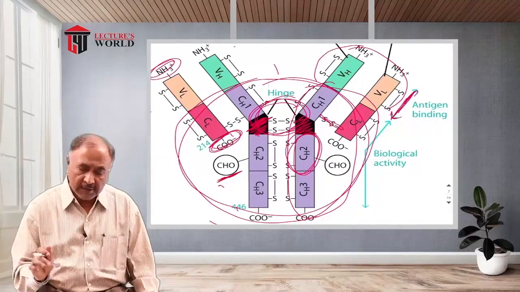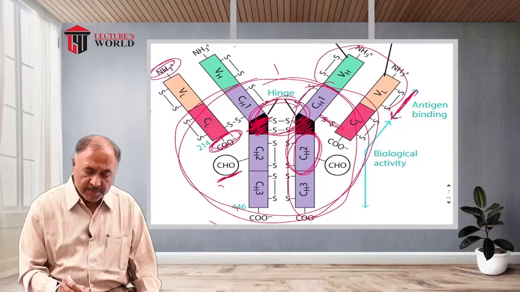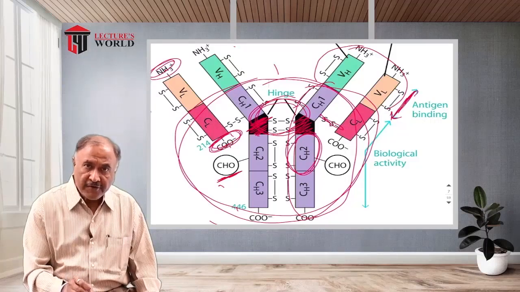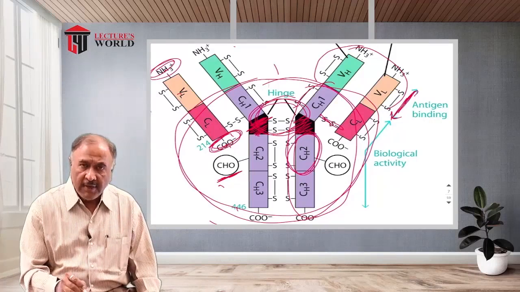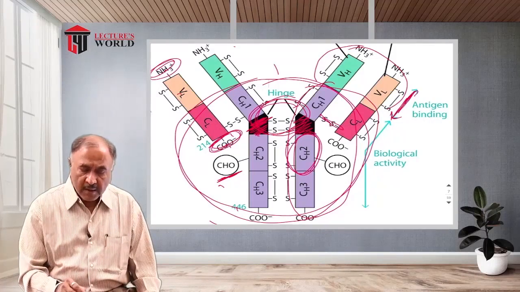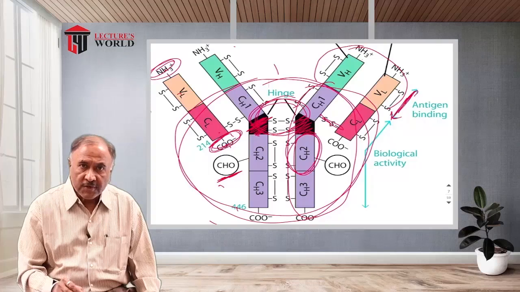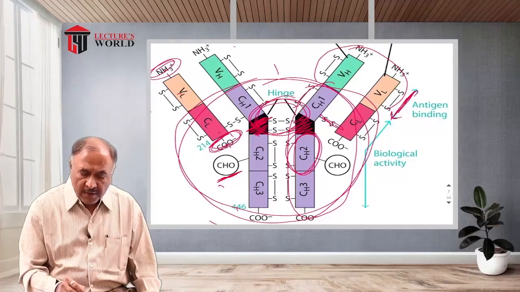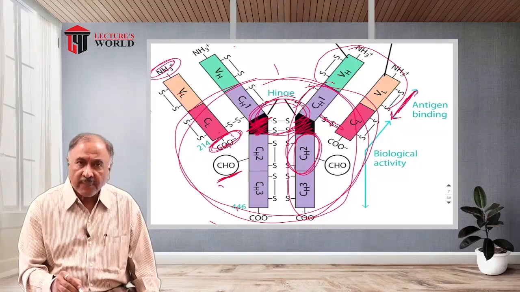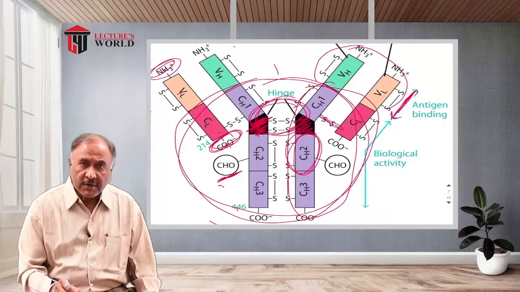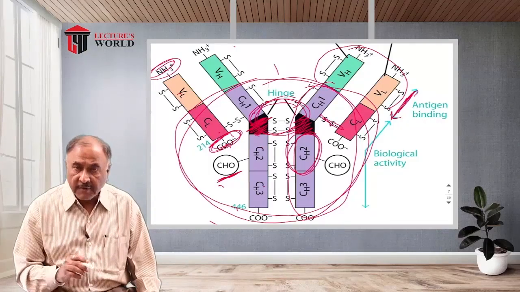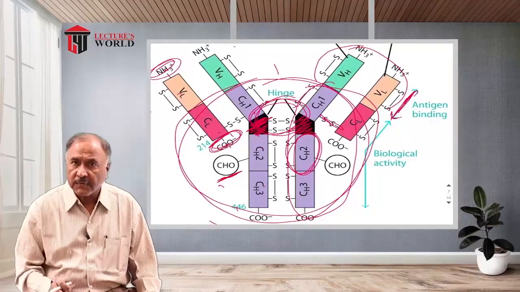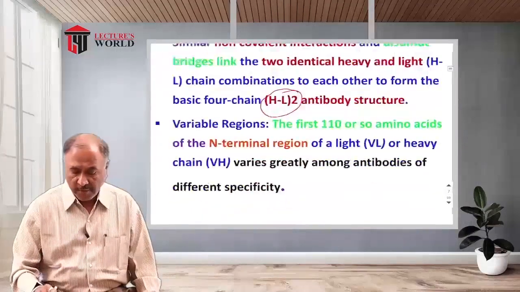It shows everything: N terminal, C terminal, light chain, heavy chain, light variable, heavy variable, constant regions, constant light, constant heavy 1, constant heavy 2, constant heavy 3. So remember this diagram properly.